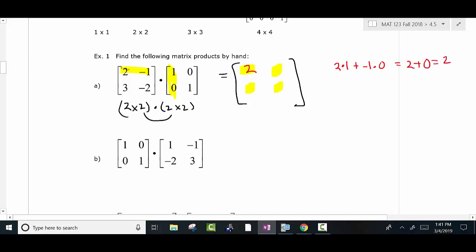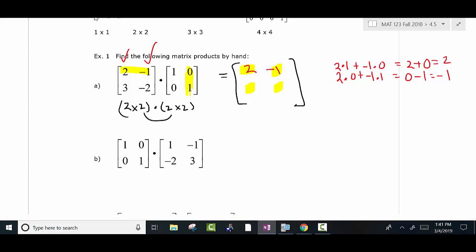So that's what goes there. Notice it's the same thing. And then we just go to the next column. I'm going to do 2 times 0 plus negative 1 times 1. So that's 0 minus 1, so that is negative 1. Same thing. That's what you'd expect to happen.